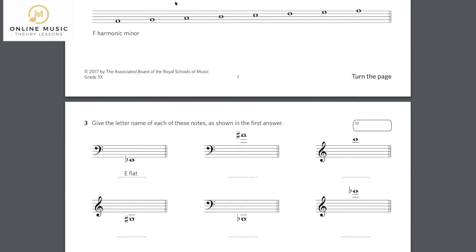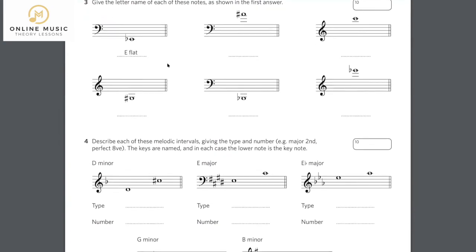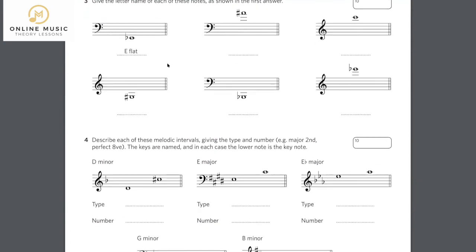Question number 4. Describe each of these melodic intervals given the type and number, e.g. major, second, perfect octave. These keys are named, and in each case, the low note is the key note, tonic note. So, D minor, the first one here is going to be a major 7th.